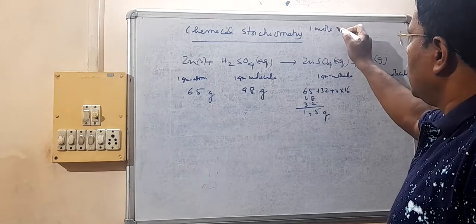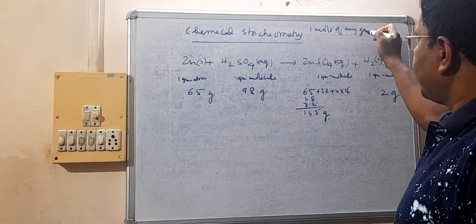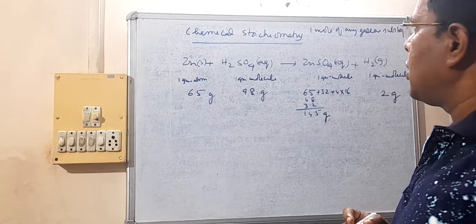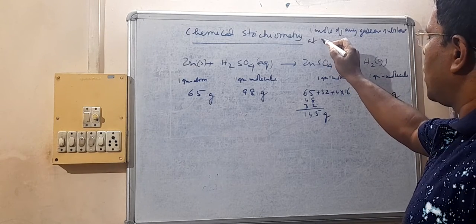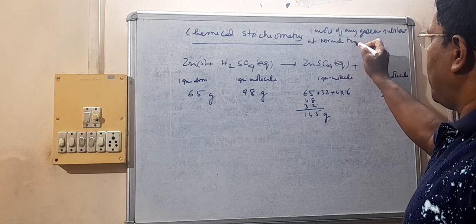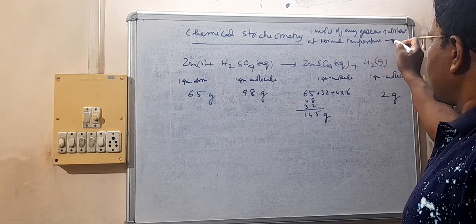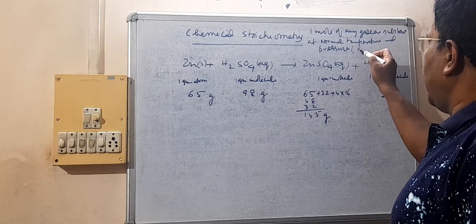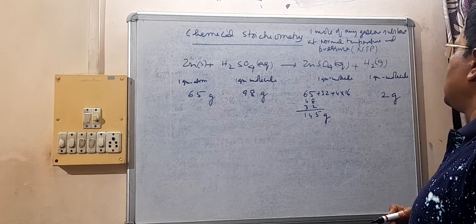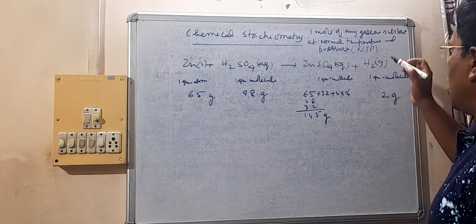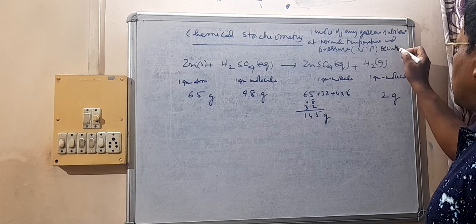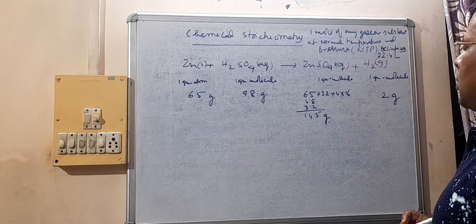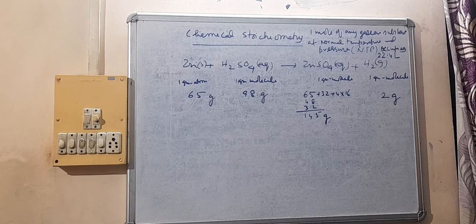1 mole of any gaseous substance at normal temperature and pressure, which is called NTP, occupies 22.4 liters.